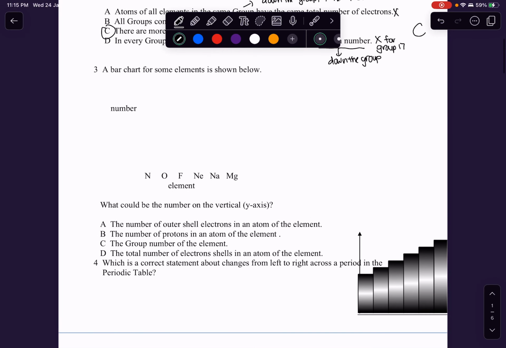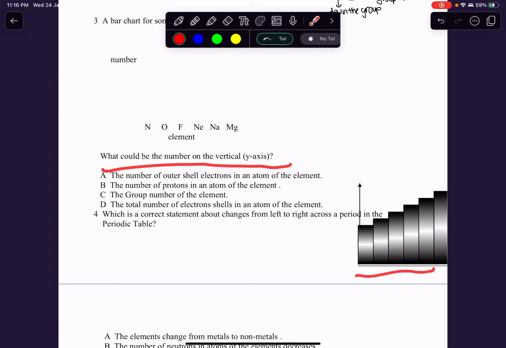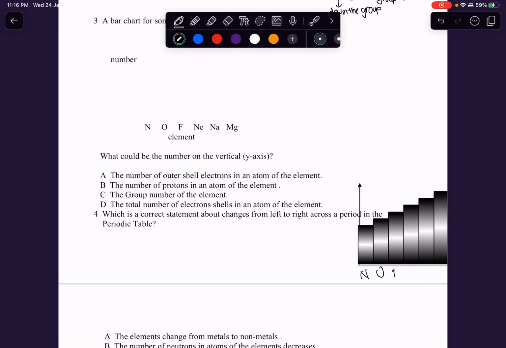Question 3. My chart looks a bit weird, but we'll just use this one here. The question is, what could be the number on the vertical axis? The elements are N, O, F, Ne, and Na, Mg.